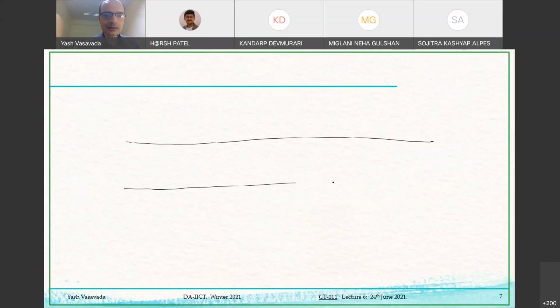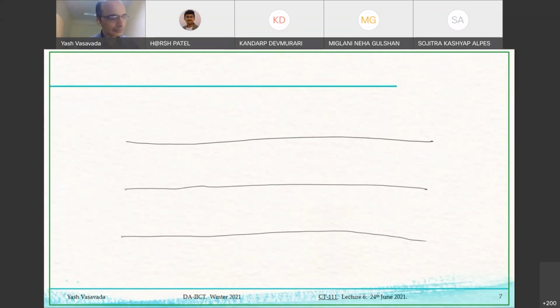So I'm going to write 3 lines. So this is going to be n, and I'm just putting out the markers. And this is 0, 1, 2, 3, 4.